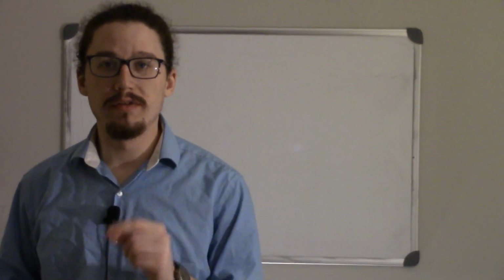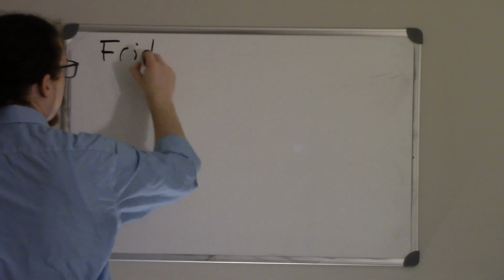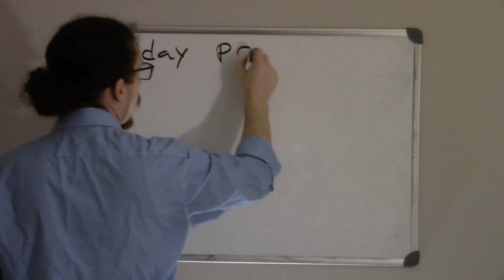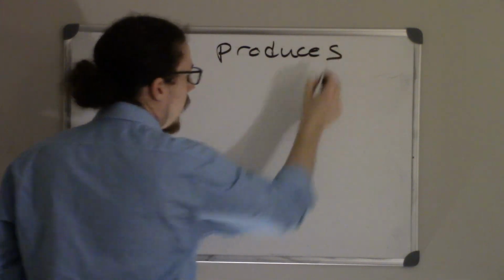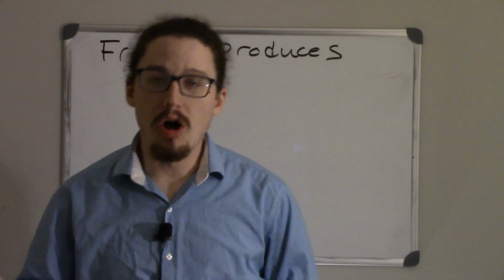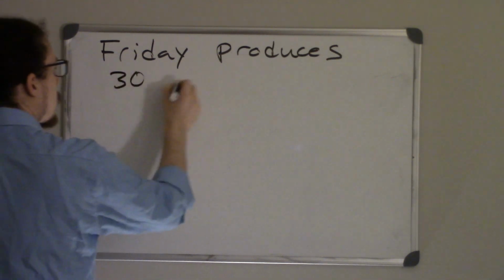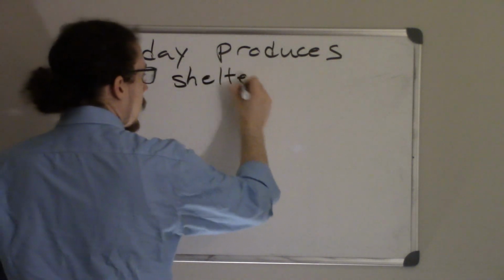So we're going to take the extreme case. Because Friday has the comparative advantage in shelter, Friday is going to specialize in shelter, and by that I mean fully specialized. So Friday is going to spend all 60 units of labor producing shelter.